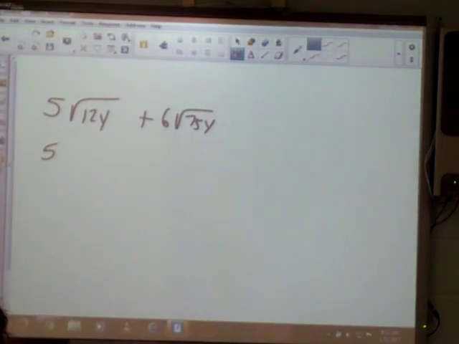So this is the same as 5 times the square root of 4 times 3 times y. Let's just stick with this side and simplify it all the way first. Square root of 4 is 2, so a 2 gets to come out and play. There's already a 5, so 2 times 5 makes that 10. 3 and the y don't break down. They got to stay in and clean their room.